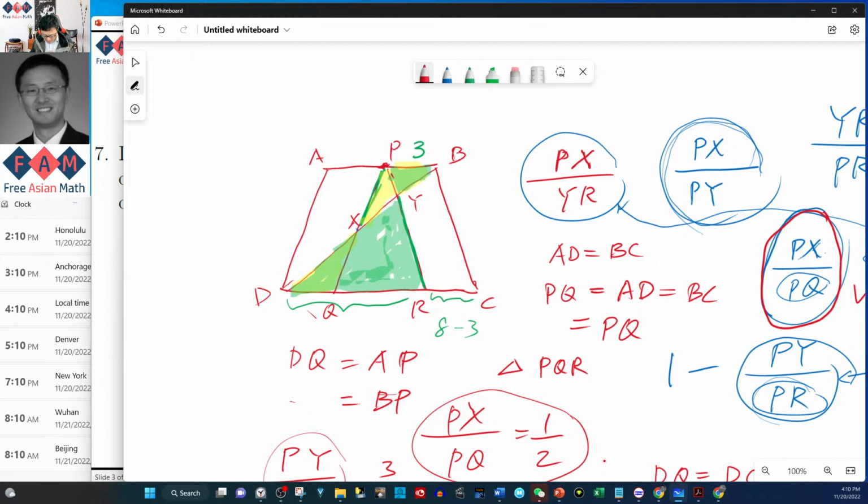Just like Steve Jobs says, how do you connect dots in life? How do we connect the dots in geometry? So PX and YR are somehow connected through this PY. PY is in a similar situation as PX, while PY and YR add up to PR. That's how you see the connection between PX and YR.